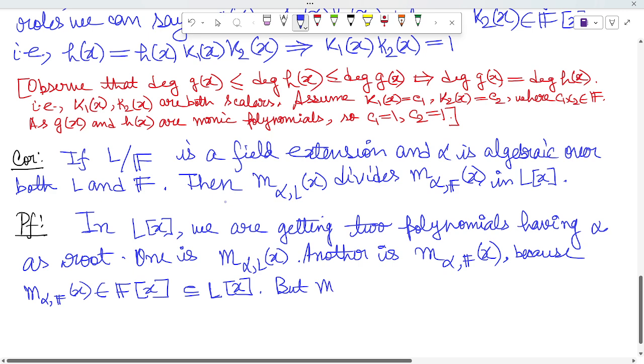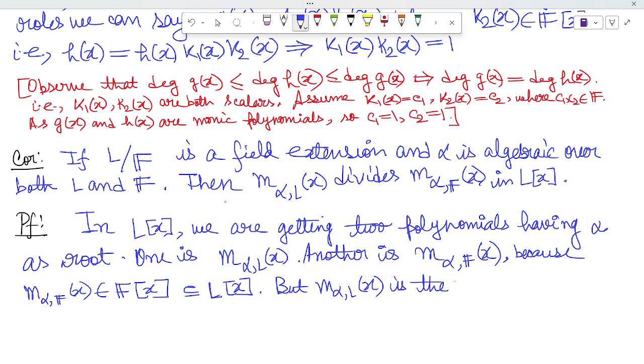But m alpha L x is the minimum degree because it is unique.